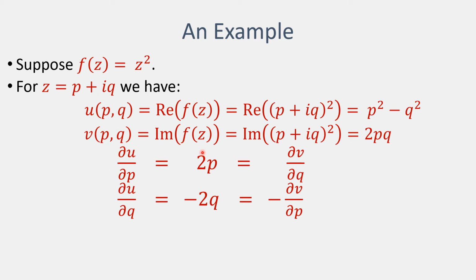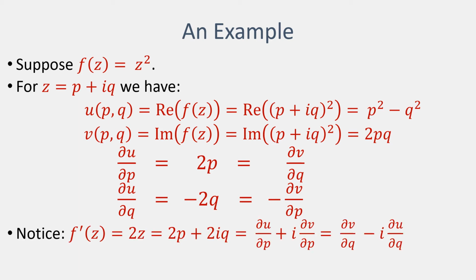If we look at the partial derivative of this function with respect to q, then this term disappears and we get 2 multiplied by minus q, this term here. If we look at the partial derivative of this function with respect to p, once again we get 2 times q, and we're looking at a negation condition here. So again, the second of the Cauchy-Riemann conditions is satisfied.